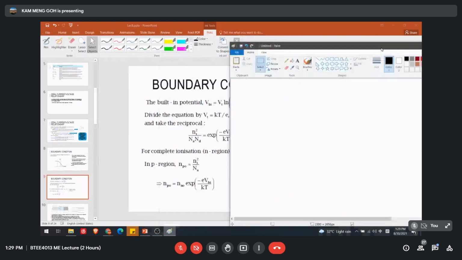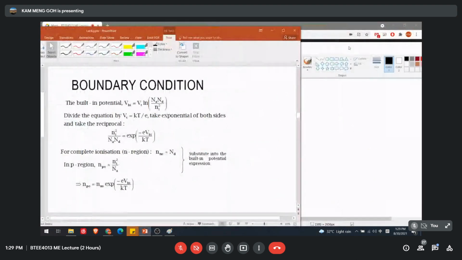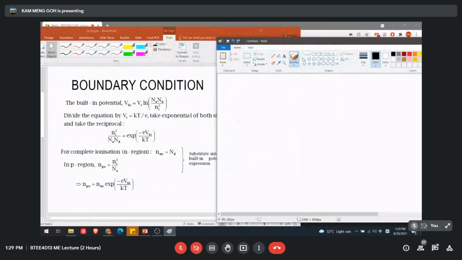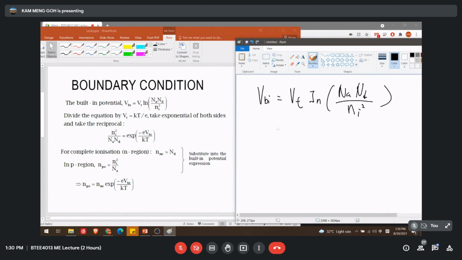So let me remove this. Last time we learned how to calculate the VBI equals VT ln NA ND over NI squared. We also know that VT is kT over e.